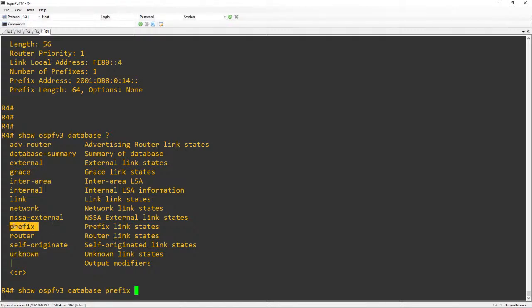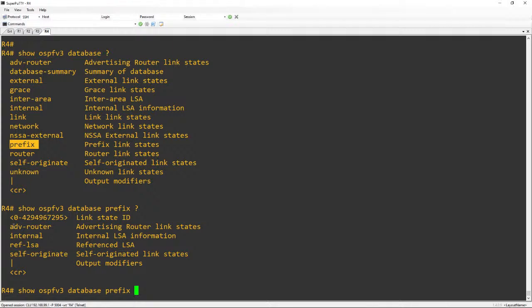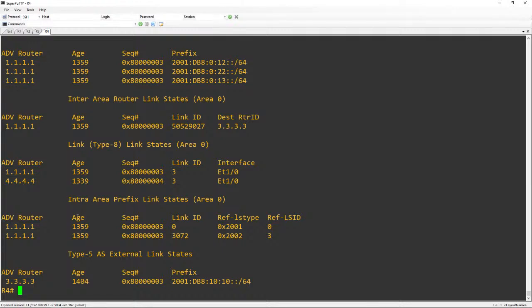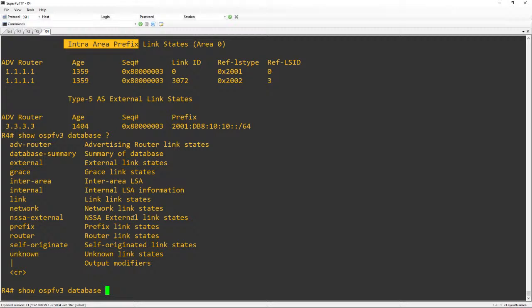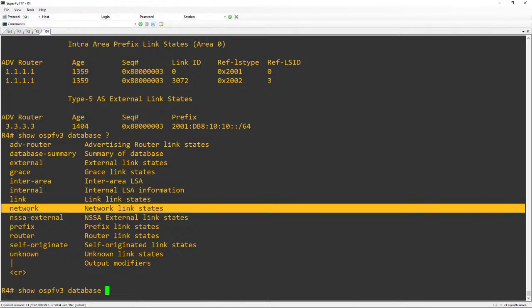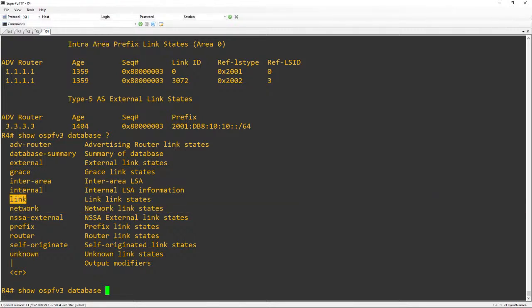It must be prefix. What am I missing here? Let's take a look one more time. Intra-area prefix LSAs, which would be not advertising router, not internal, not network. These are type 4s, or type 2s. These are type 8s. These are type 3s. These are type 5s. These are type 7s. These are type 1s. It's got to be prefix.